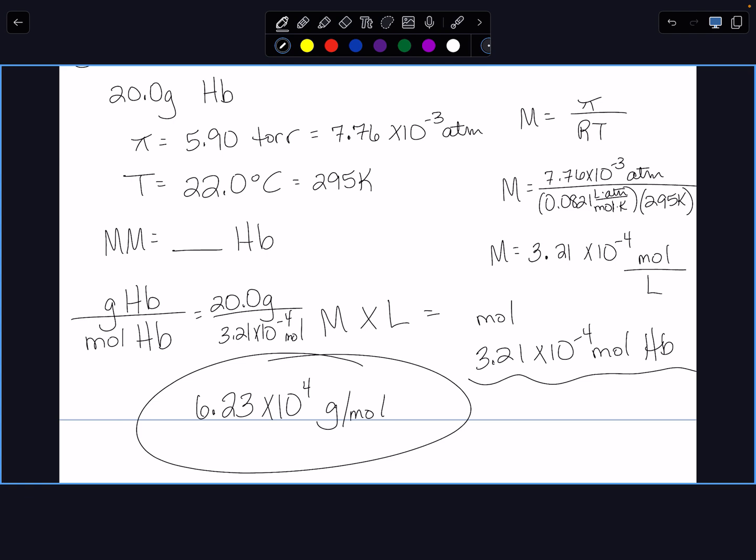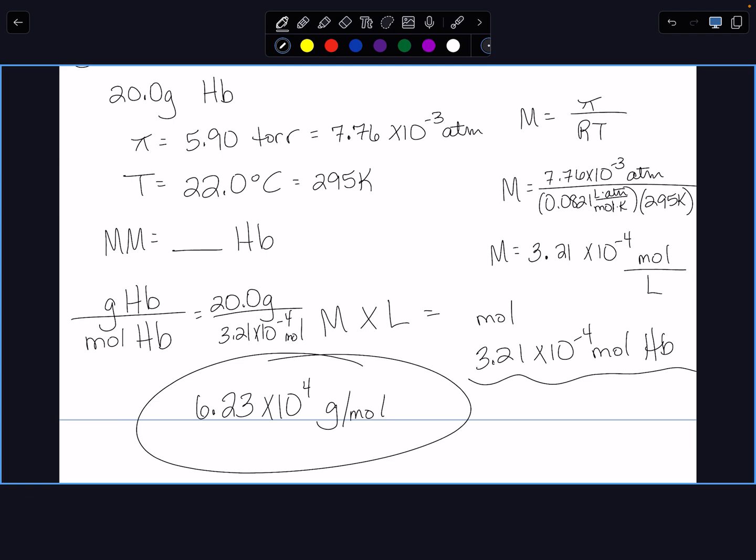And I typed in exactly 7.76 times 10 to the negative 3 divided by 0.0821 times 295. I don't know why there's a discrepancy between our calculators. I'll tell you why. I didn't punch this number in. I took 5.9 divided by 760 and kept whatever that number was. That's what it is.